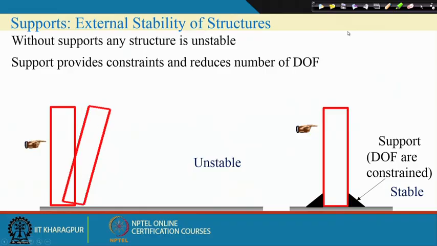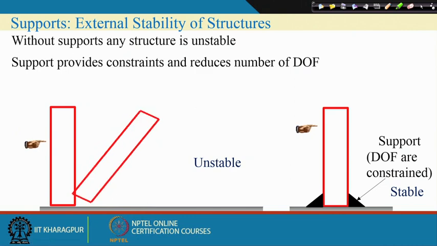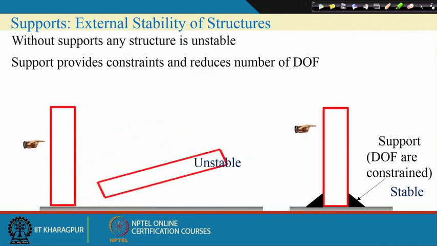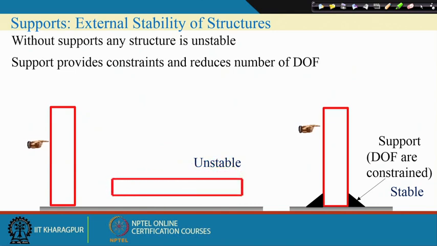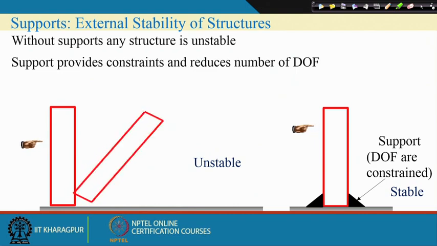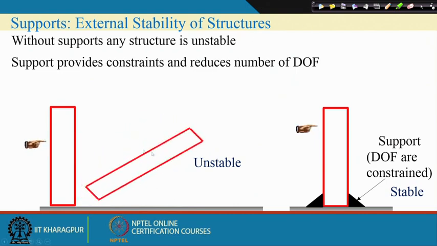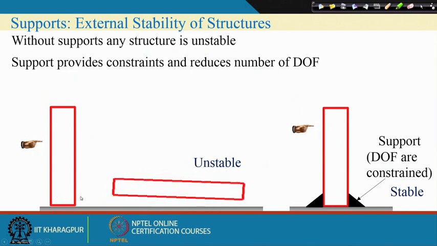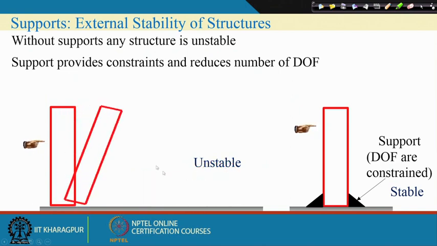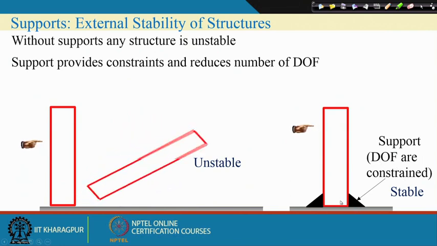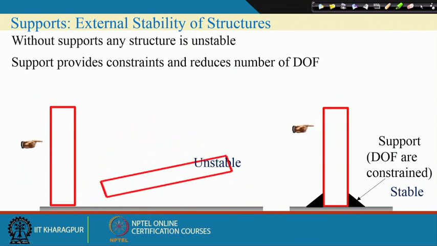If you recall, in the first week when we were reviewing some of the concepts of structural analysis 1, I showed you this slide. If we take a system, say for instance this one, and if we apply a force, then if there is no constraint in the system, then it is unstable, right? But if you provide some constraint, then what happens?